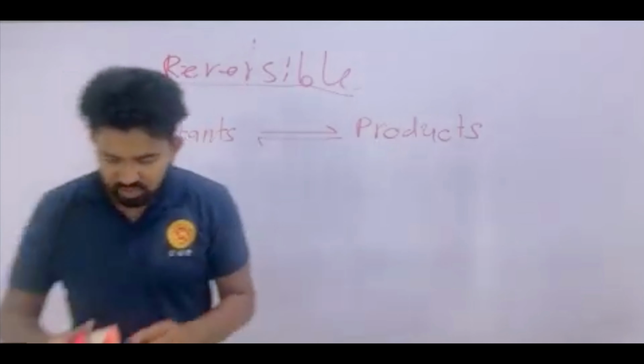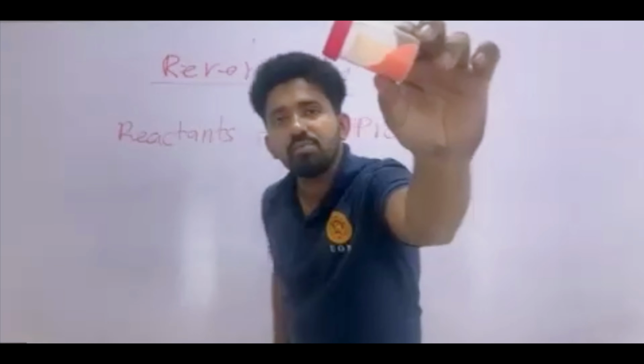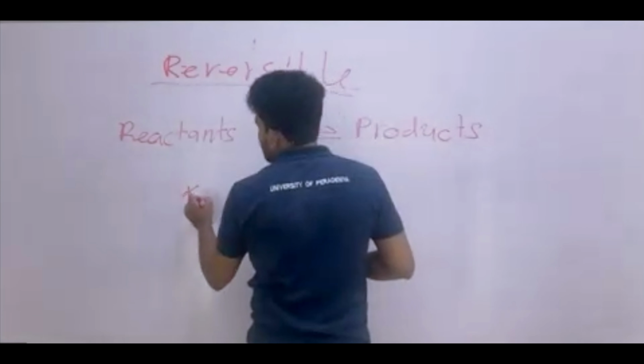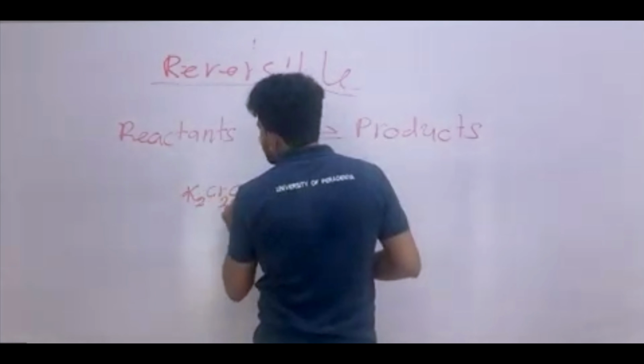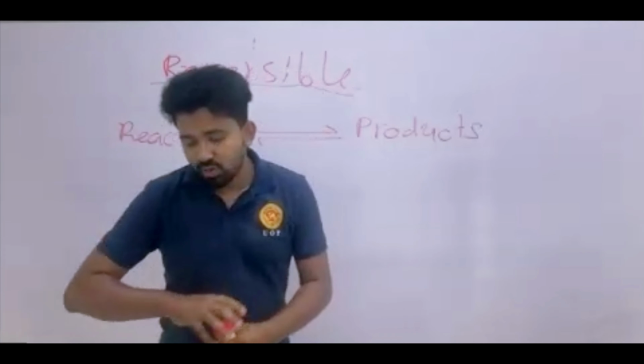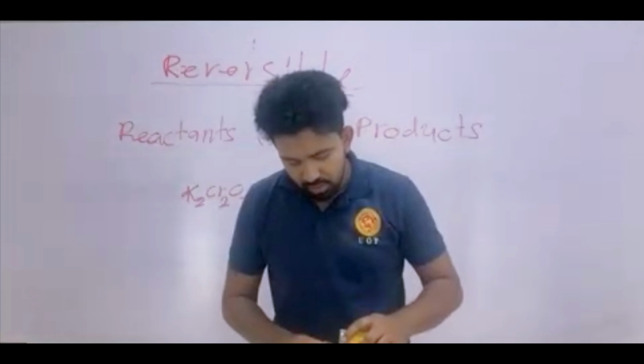Here you can see an orange color. This is K2Cr2O7. I'll put a little bit of K2Cr2O7 into a beaker.